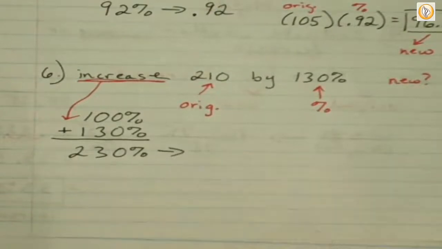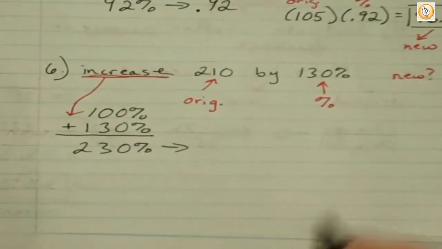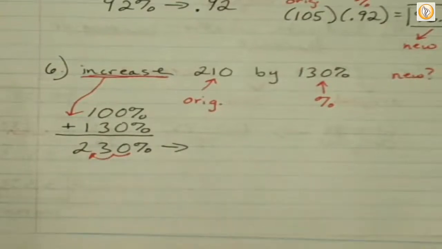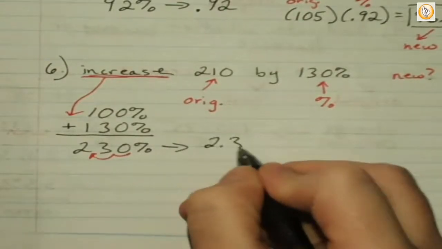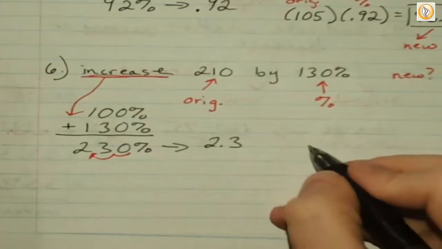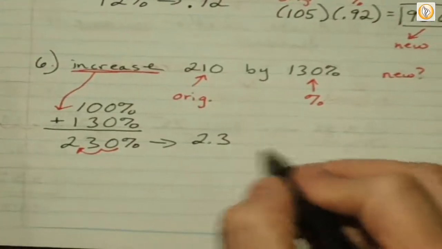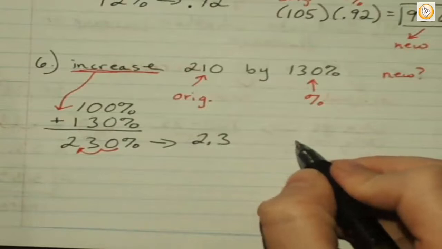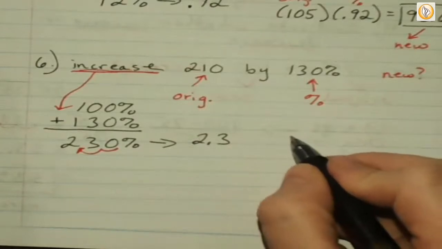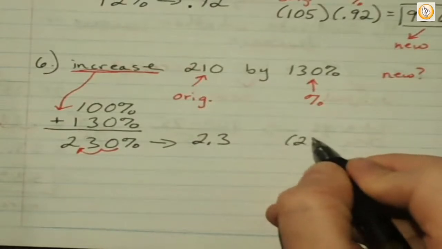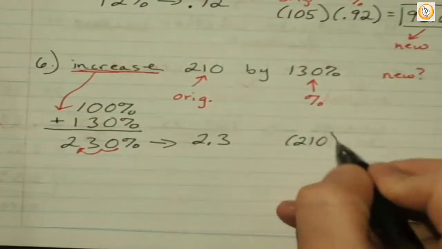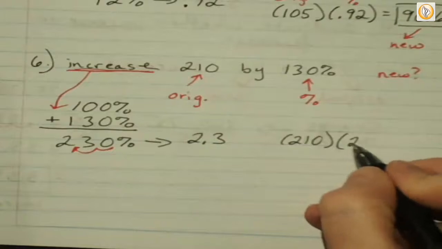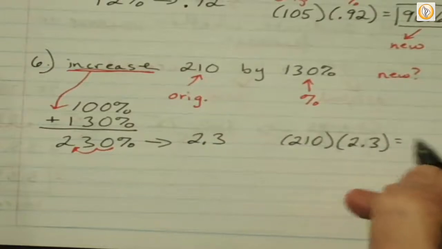Now what do I do, Kelly? Then you move the decimal 2 times to the left, so it's between 2 and 3. And so then, it's 2.3. Good. And then what do I do? You multiply 210 times what? 2.3. Perfect.